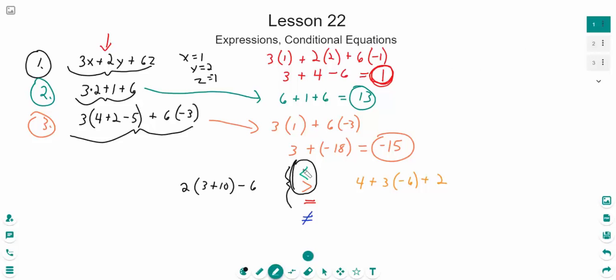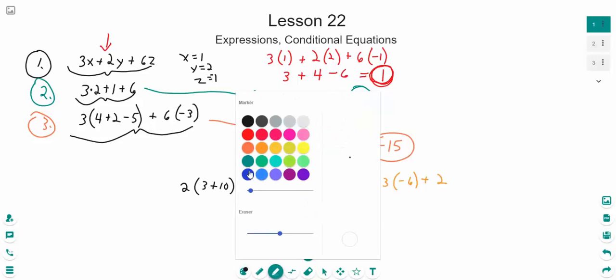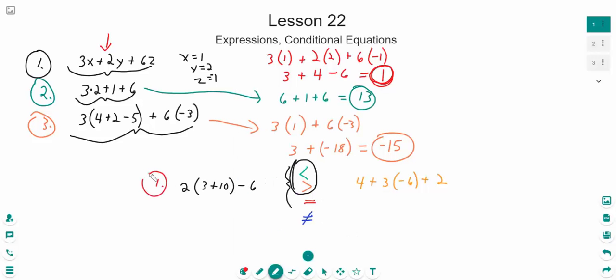So let's just say, for the sake of argument, that we give these a number. It'll be a little bit easier. Let's give this expression number 1. This is expression number 2. So if it turns out that expression number 1 is actually less than expression number 2, this is what we would call an inequality.